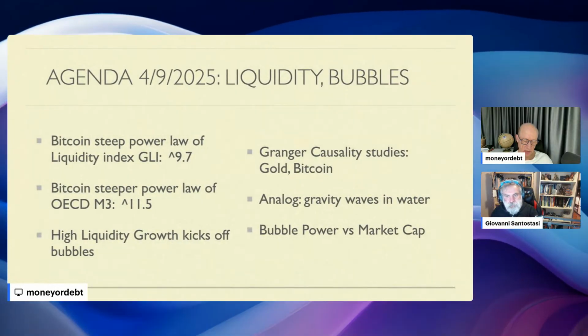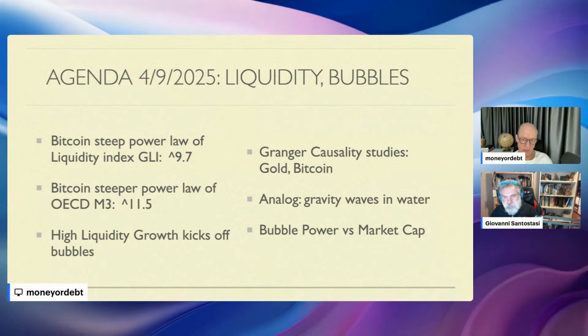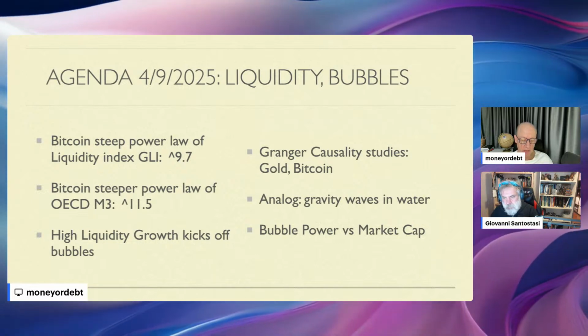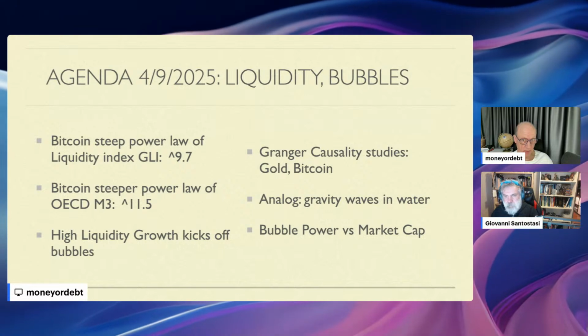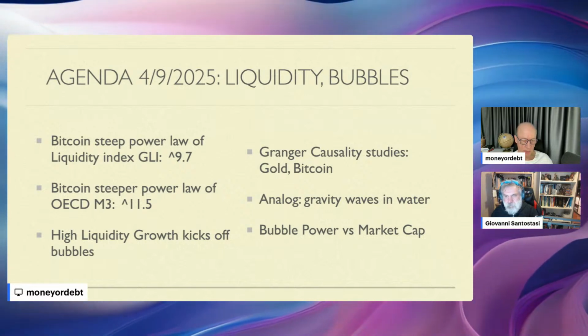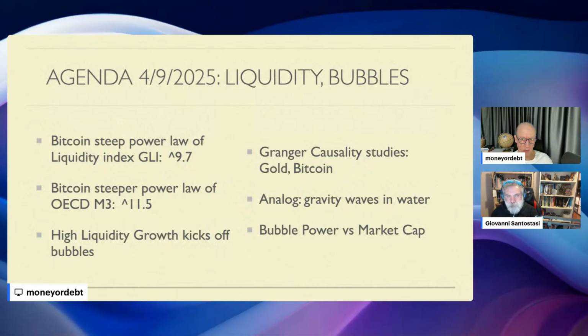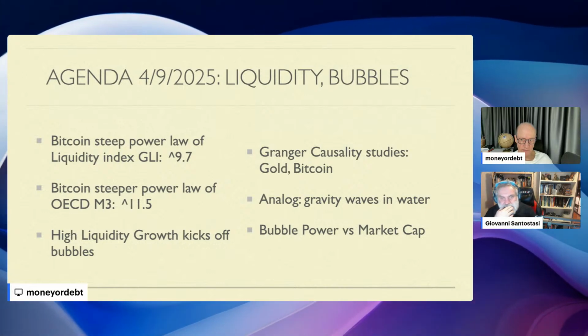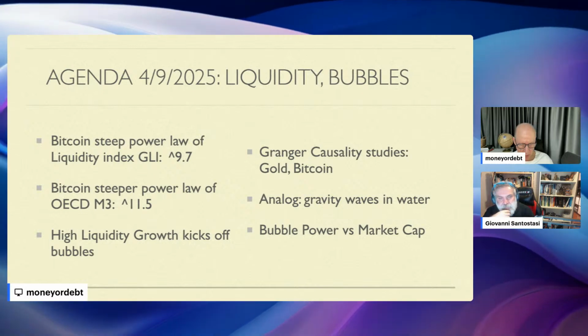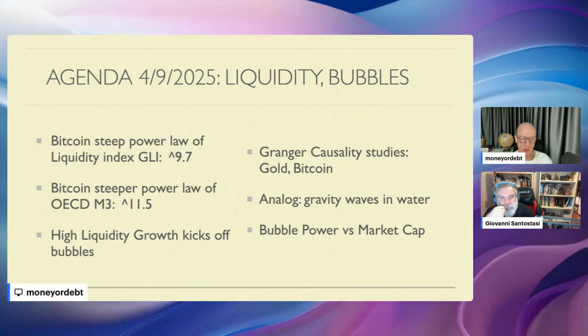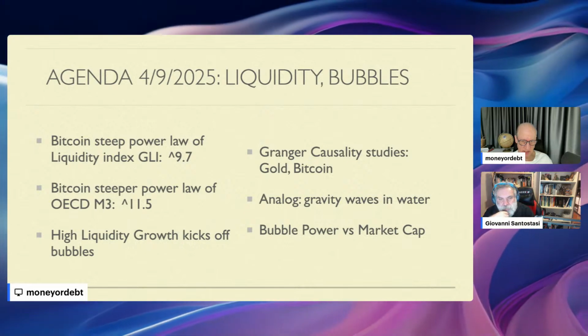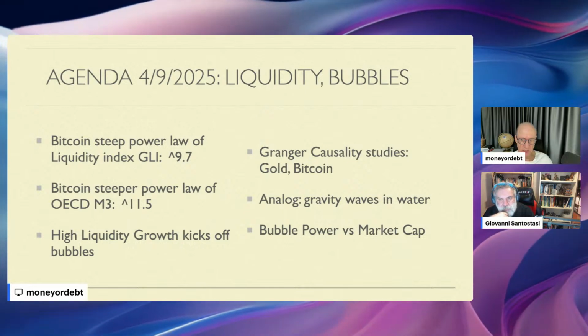First, I'm going to present, and I think we've shown this before, what Michael Howell of Cross Border Capital had found. He's got his own proprietary liquidity index, and he found that Bitcoin adheres to a steep power law. I've done my own study in the past week. I don't have access to his series, so I used a different series.